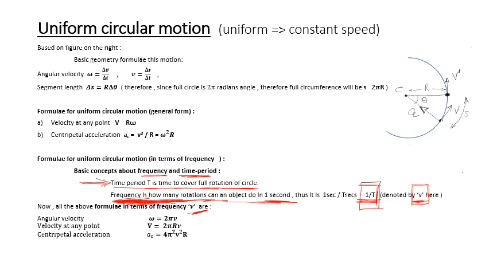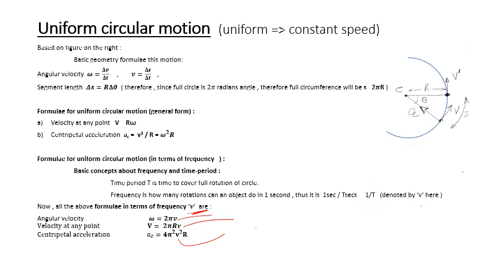For example, here is this symbol, here is this symbol, and here is this symbol. Okay, this is frequency. Now, all these equations above, we will rewrite in the form of the term frequency, and again, you can remember these formulas.